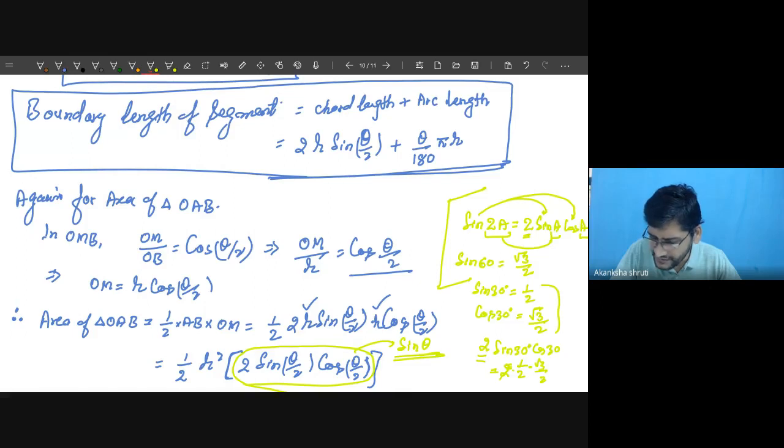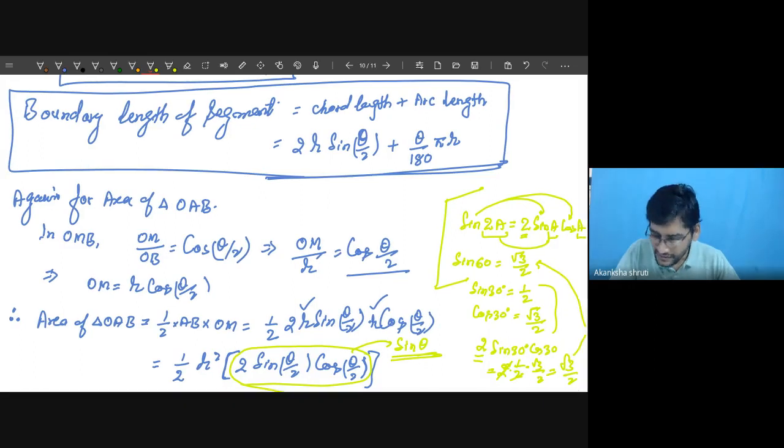On cancellation you get the value root 3 by 2. This is the same as this one. So at your level, no need to mug up, just keep one thing in mind to simplify this calculation: that 2 sine of theta by 2 and cos of theta by 2 shall be replaced by sine of theta.